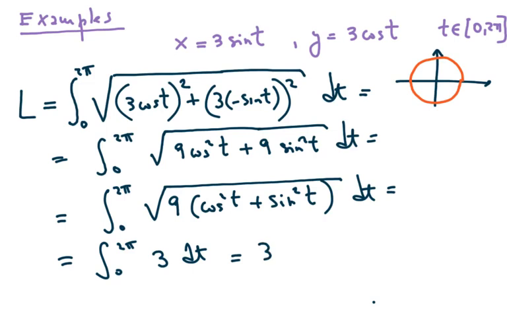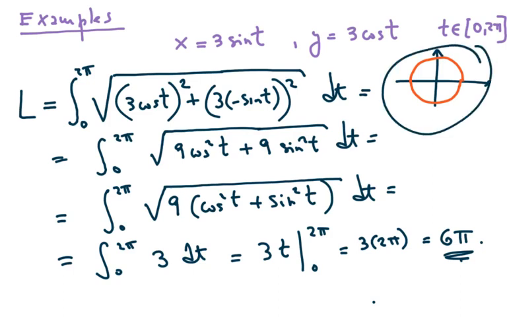So the 3 goes out of the integral, the integral of 1 is t, evaluated between 0 and 2 pi, and so we get just 3 multiplied by 2 pi, which is 6 pi. A number that is not surprising, since we were calculating the length of this curve from 0 to 2 pi. Essentially, we are calculating the circumference of this circle, which is a circle of radius 3. So we could have predicted that the length was going to be then 6 pi.